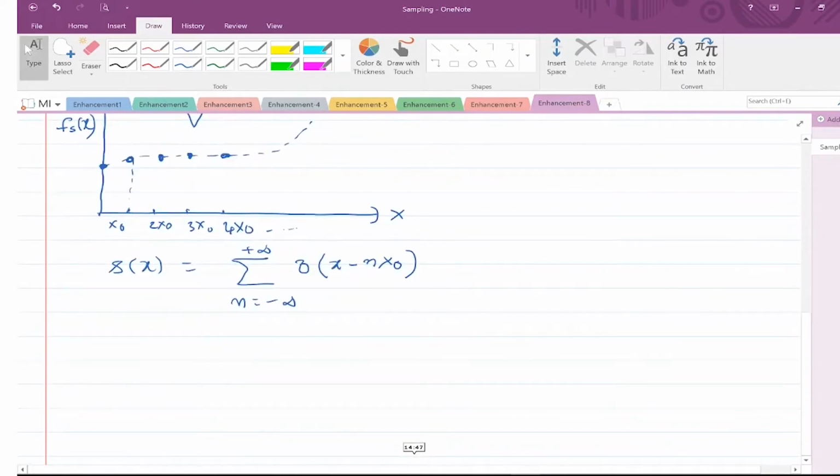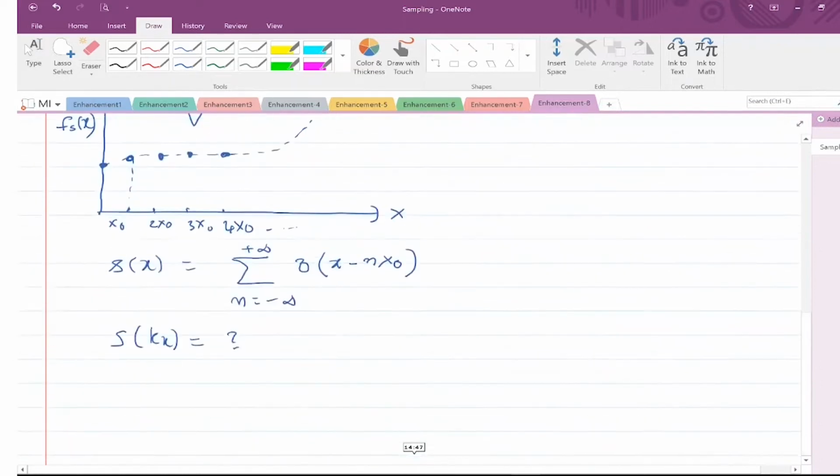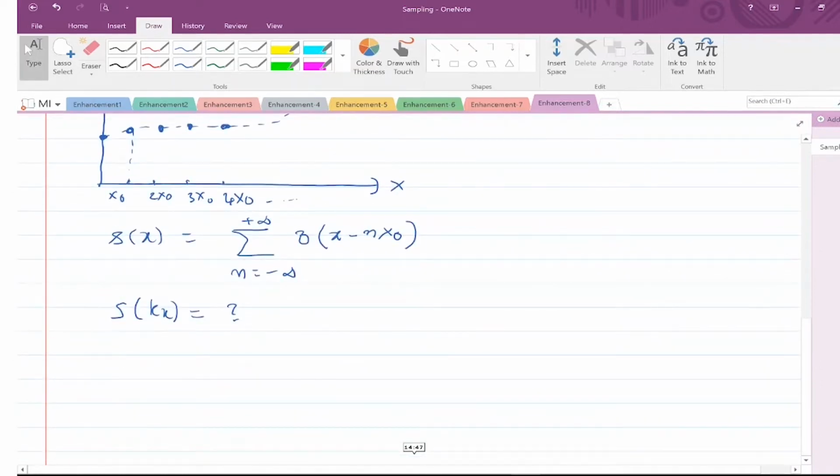Now what would be the Fourier transform of it? So capital S of kx, what would be that value? You have worked this out in your examples. This will have a multiplication factor of 1 by x naught, and n varies from minus infinity to plus infinity.